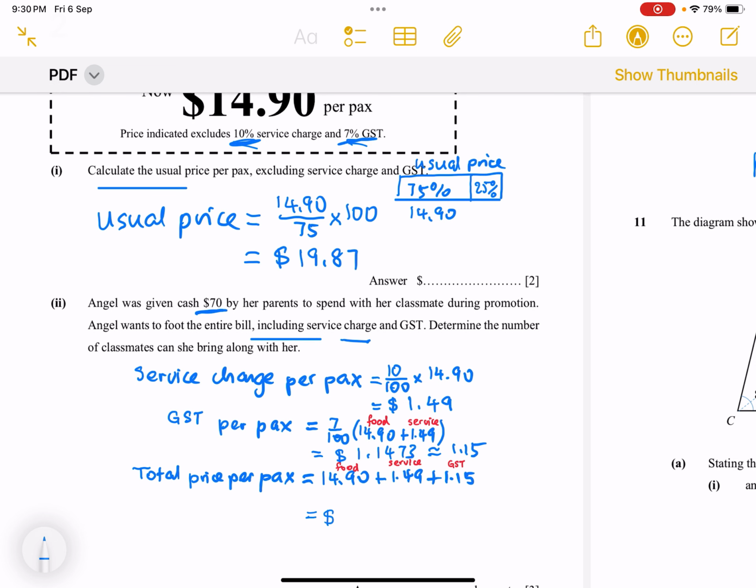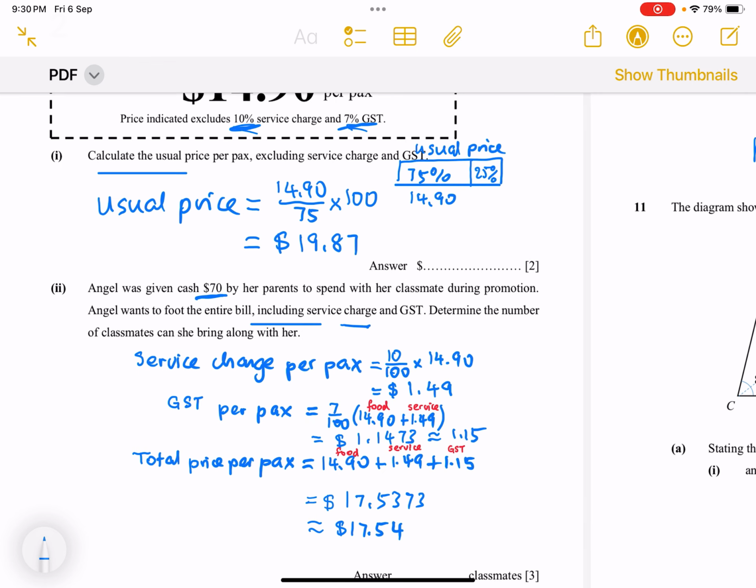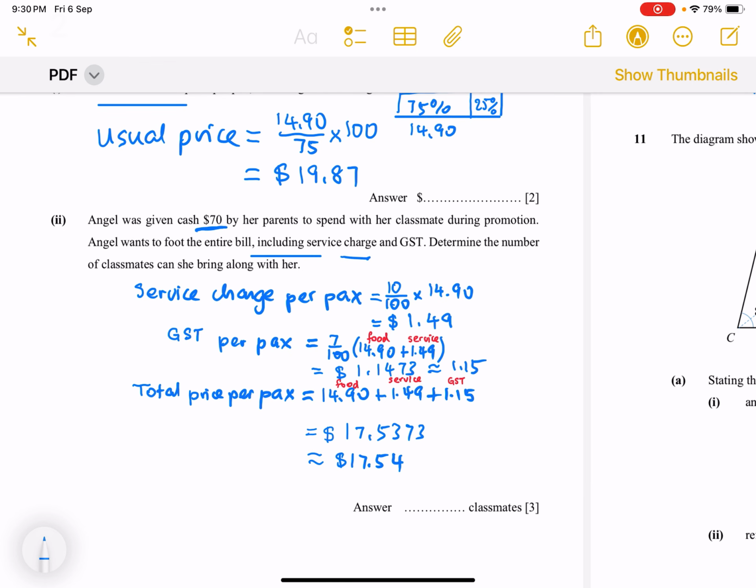Right, so now the food plus the service plus the GST will give us the total price, which is $17.50. That is per person, right? So which is approximately 17.54 in cents, 54 cents.